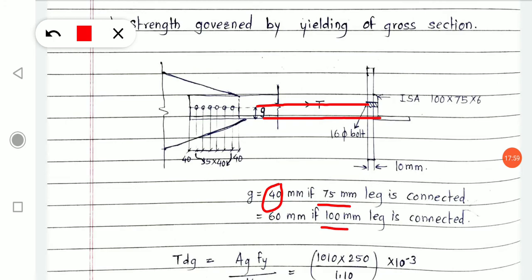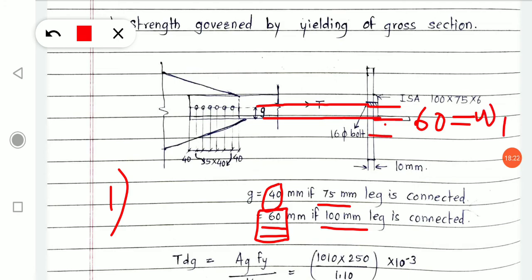If you are connecting a 100 mm leg, then G will be 60 mm. We are solving case number 1 in which we have connected the 100 mm leg, and therefore our G will be 60. This distance will be 60. That is our W1, whereas the outstanding leg will be of distance 75.